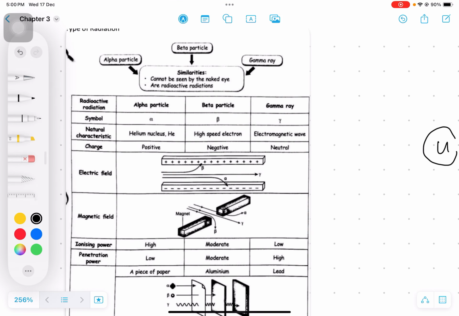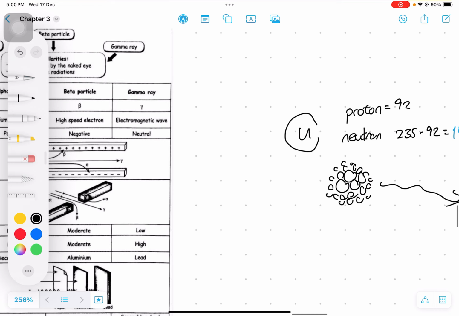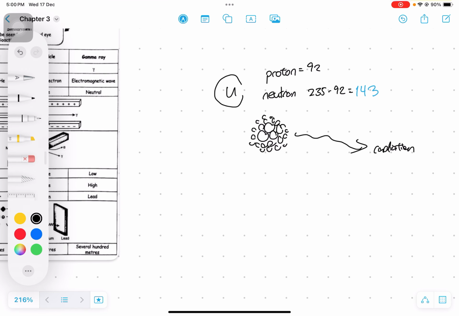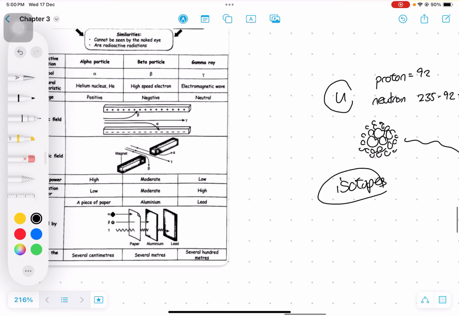And just now we talked about isotopes. If an isotope has a high number of neutrons, it means that it's unstable, and it will try to emit radiation in order to go back to a stable state. So that's why isotopes are important in that sense.